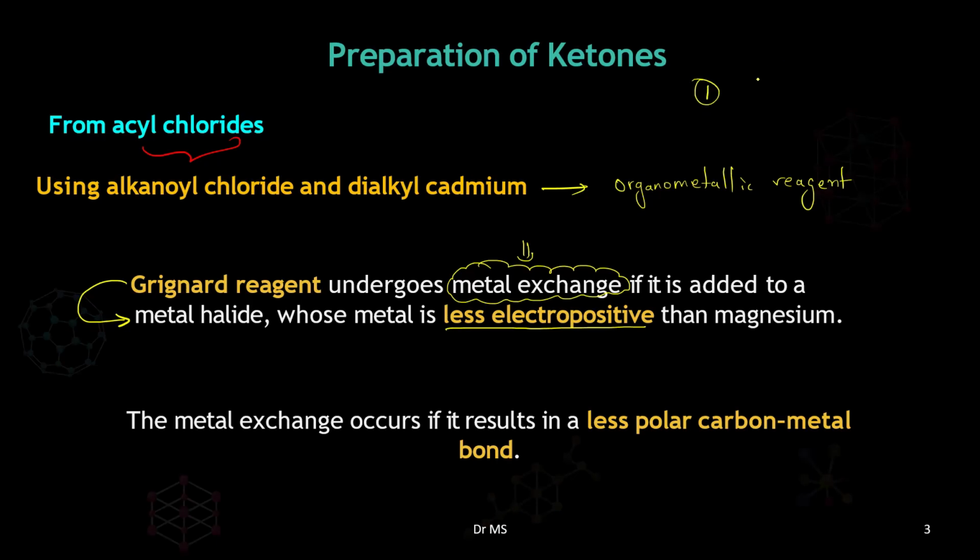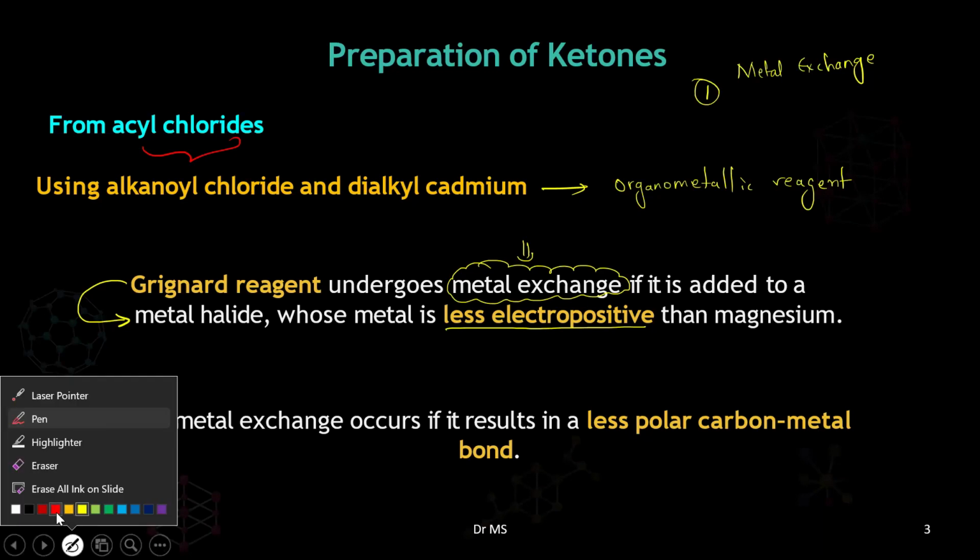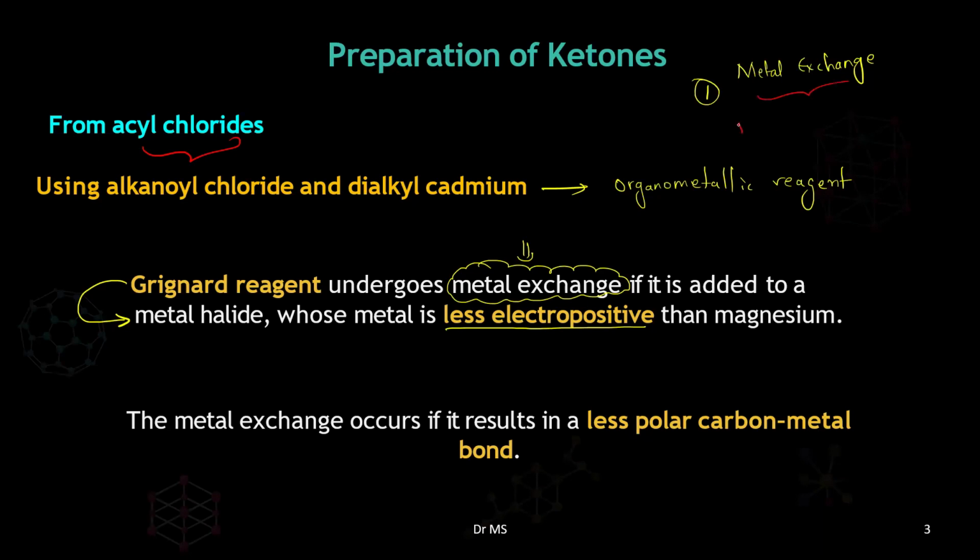One, the metal exchange will happen, and it happens between the metal halides and the Grignard reagent. So when the Grignard reagent interacts with the metal halides, then the metal exchange will happen.